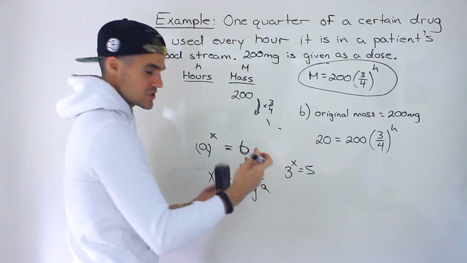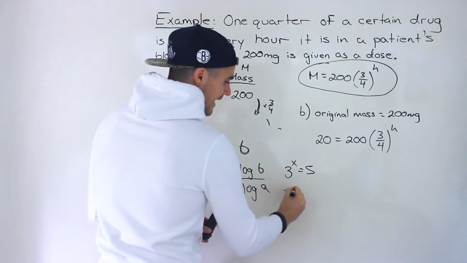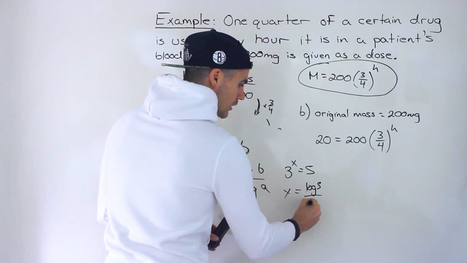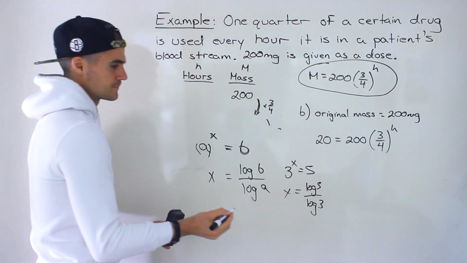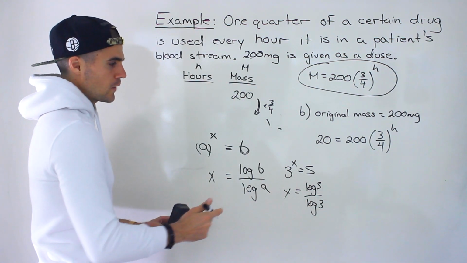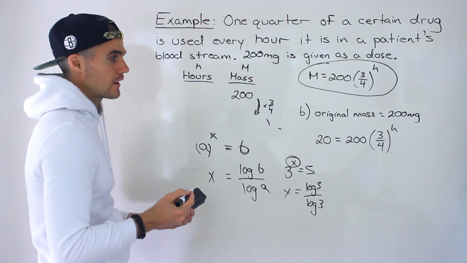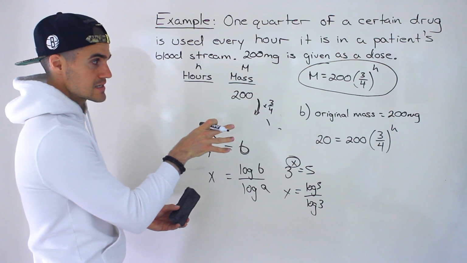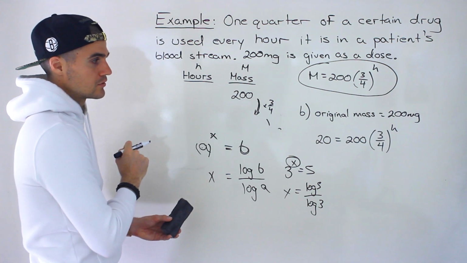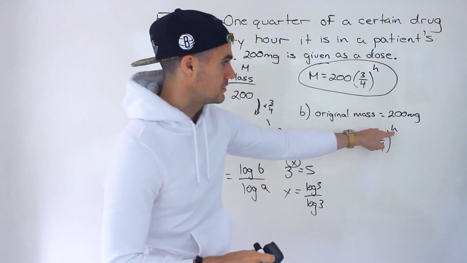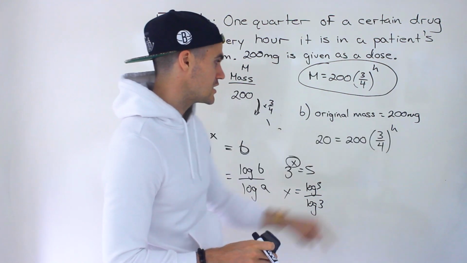Instead of doing a bunch of trial and error, you can get that x value right away by doing log 5 over log 3. It's a cool way to solve for exponents if that's the variable you're solving for. And in this case, it is the variable you're solving for, because the unknown is this h value.